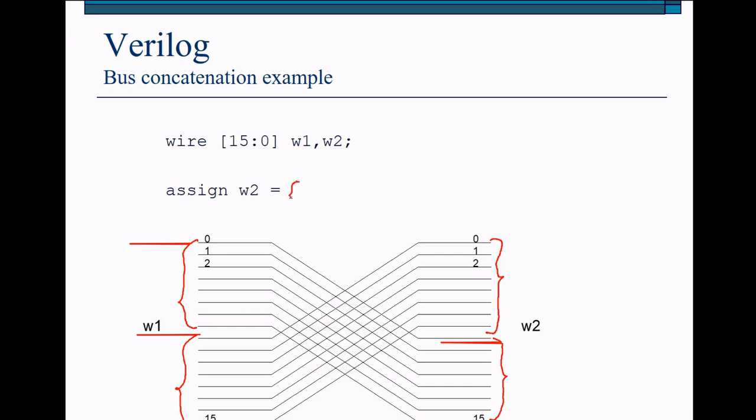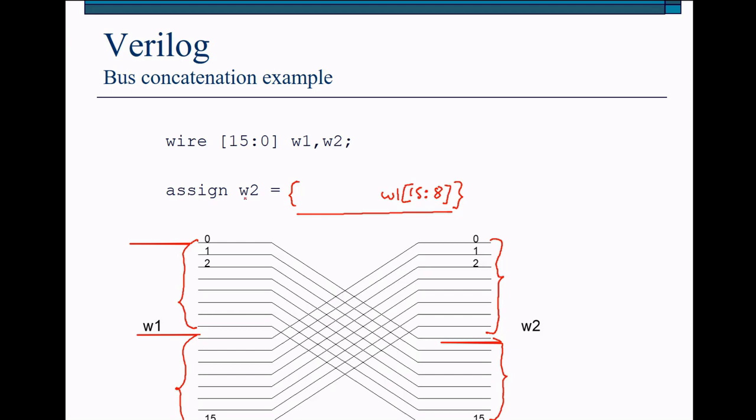So we've got our opening curly bracket and closing curly bracket. Now we note with W2, this refers to a 16-bit vector, and the low order 8 bits of W2 will be assigned to the low order 8 bits of the expression on the right hand side. And the low order 8 bits we want when we make the assignment to W2 are represented by W1, 15 down to 8.